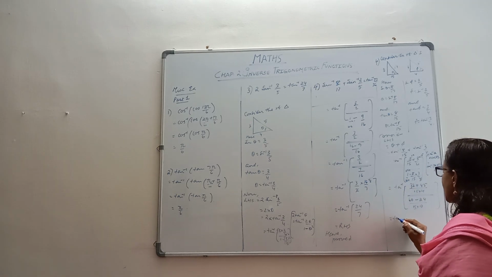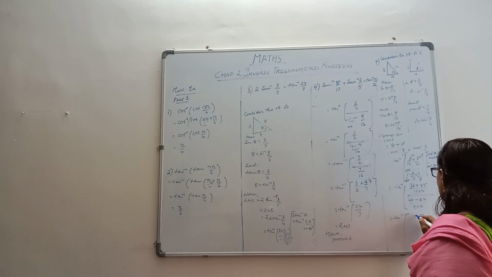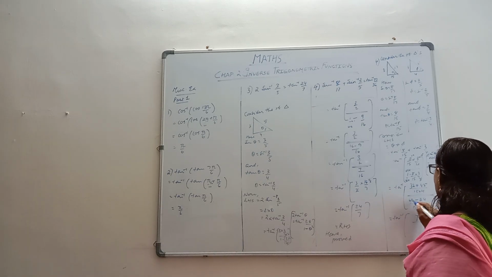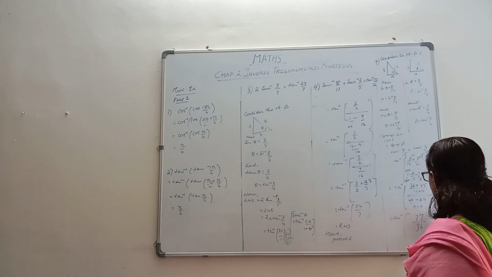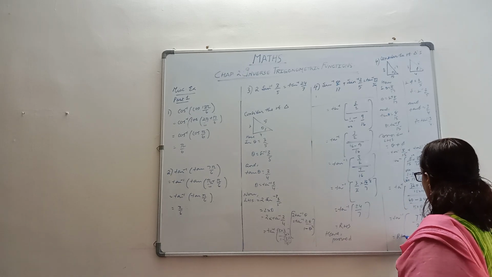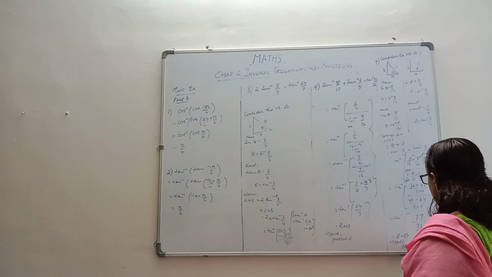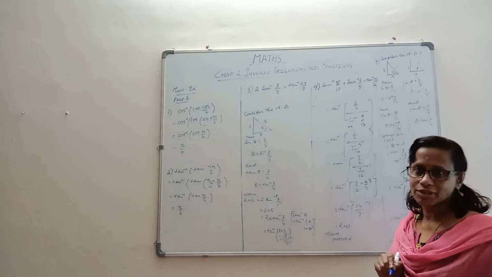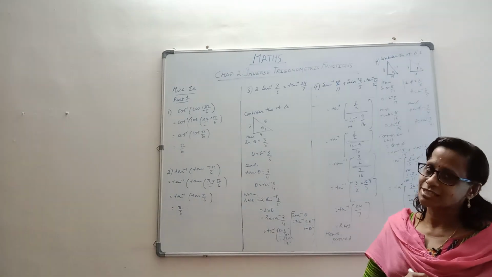And see this: tan inverse of 77 by 36. That's the RHS. So that's how we have shown that LHS is equal to RHS.